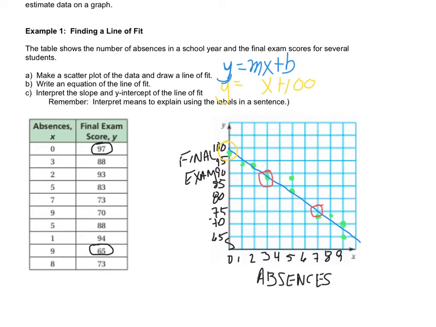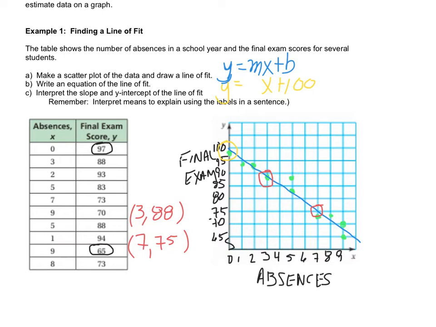So if I do my rise over my run, well, the 3 was an 88. So the (3, 88) was the point that I first circled. And then this other point that's not part of our data, but we can clearly see, is (7, 75).